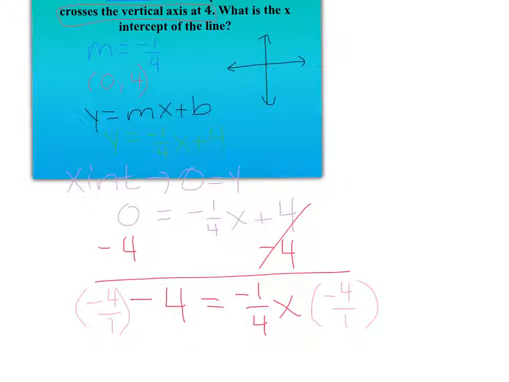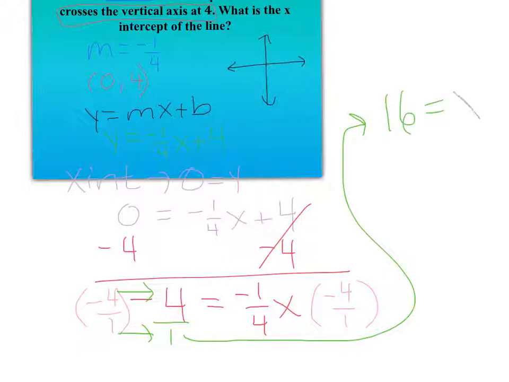Negative divided by a negative gives me a positive. -4 times, put a 1 underneath, -4 times -4 gives me +16. So from here, I'm going up here. I get 16 equals x. That's my answer. That's my x-intercept.